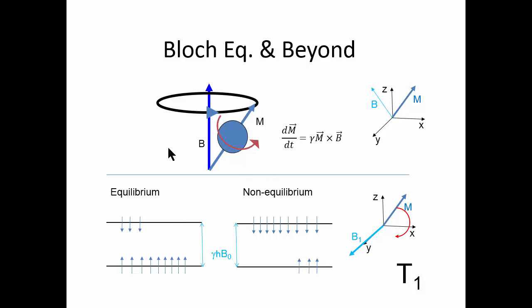Now, if we look at these Bloch equations, we wouldn't have a job if that was the only thing that happens with the magnetization in the magnet and in the system.